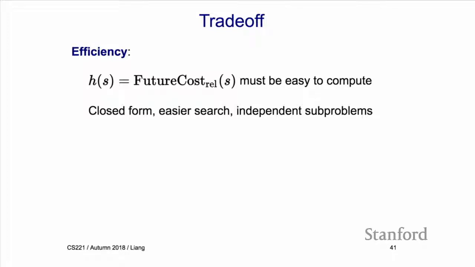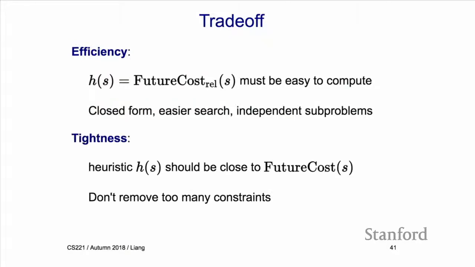And removing constraints is exactly what makes it easy to compute a heuristic. So the game that you're trying to play is you're trying to relax as few constraints as possible to make the computation cheap. But you don't want to relax too many because you don't want your heuristic to be too optimistic. The more pessimistic you can make it, the more efficient it'll be. So that's the tension between those two things, and that's kind of what this slide is about right here.